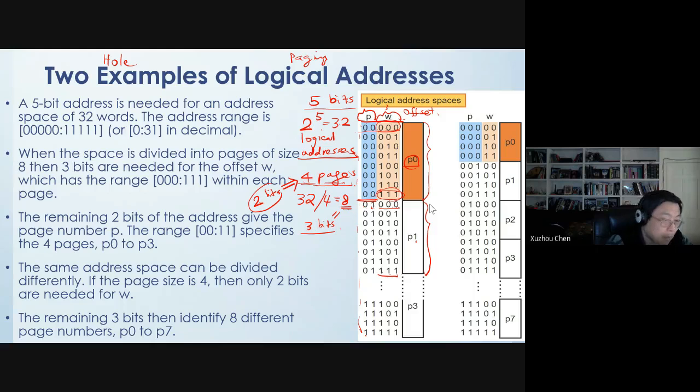Okay, in another configuration, now if we say, I want to configure the bits differently, so that I divide these 32 logic addresses into 8 pages.